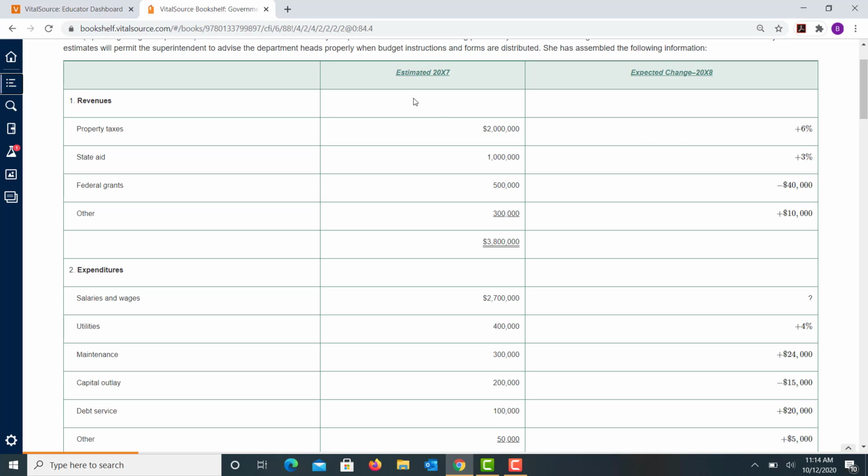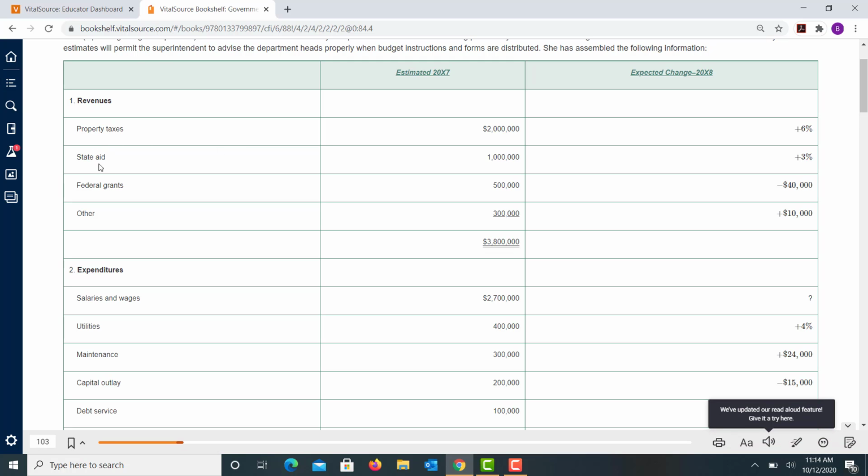So you can see that the estimate of the budget revenues were for property taxes $2 million, state aid $1 million, federal grants $500,000, and other $300,000. This is where we were talking about the different type of function or program right here: property taxes, state aid, general grants, and these are the dollar amounts.